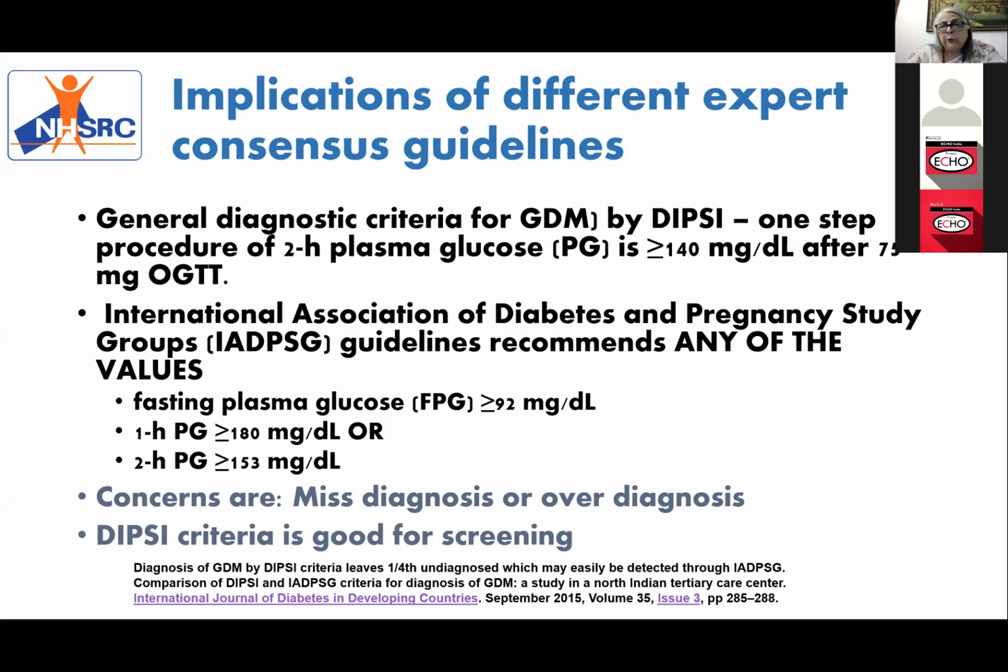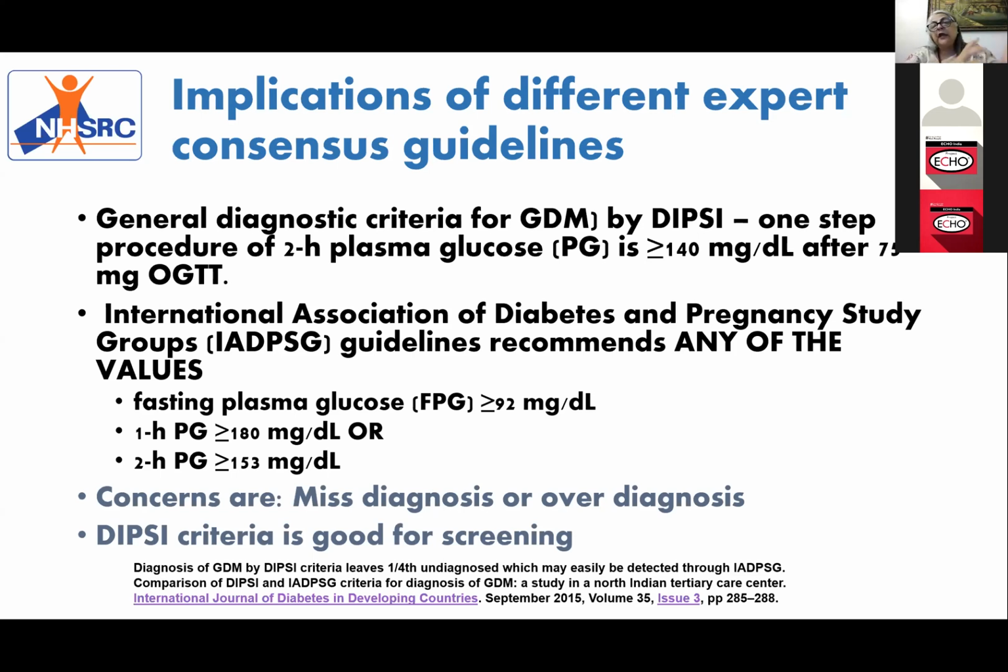Then many a time, if the diagnostic criteria are not chosen properly, it may lead to either overdiagnosis or underdiagnosis. Again, I was in Odisha. They use different criteria for diagnosis of diabetes.